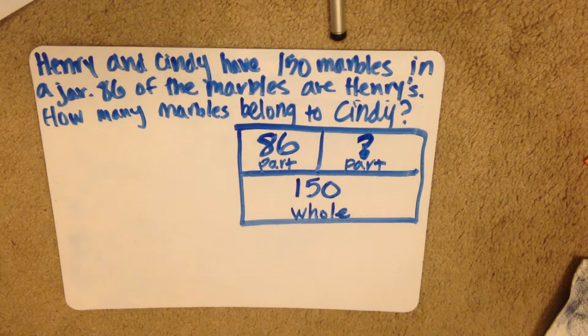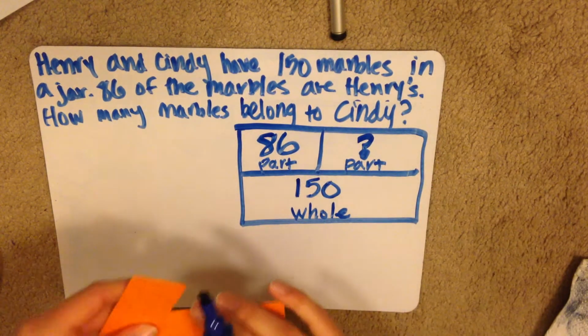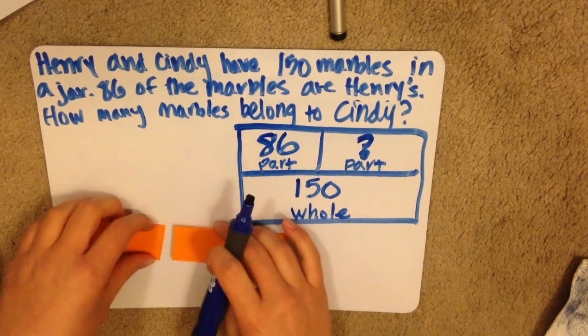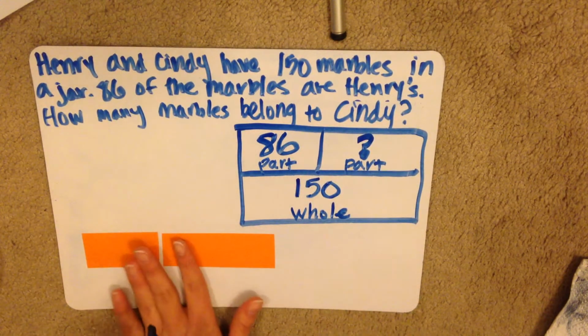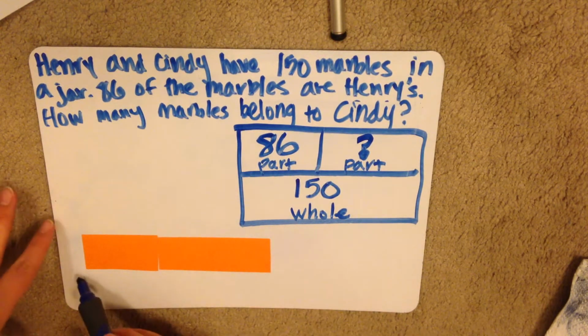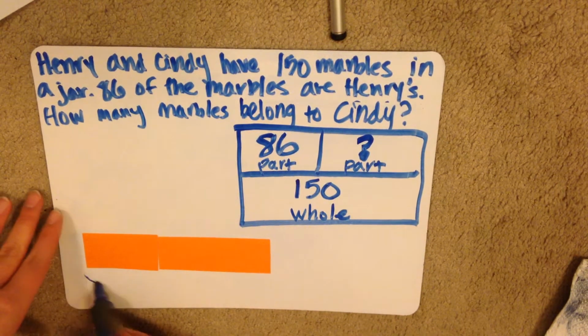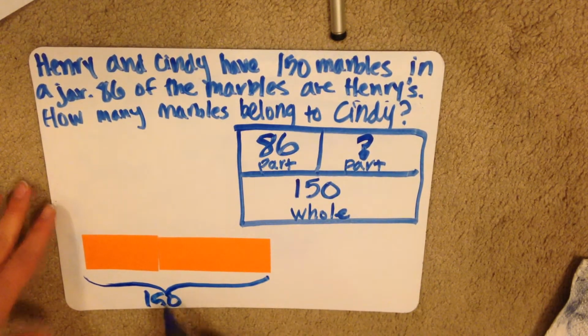Okay, so let's wrap this back to our strip diagram. We know that these two parts are coming together. So, we need to start with what we know. We know that we have a total of 150 in our jar.